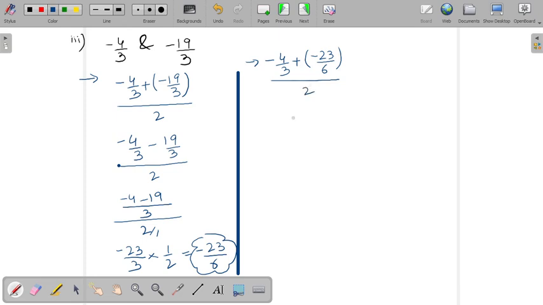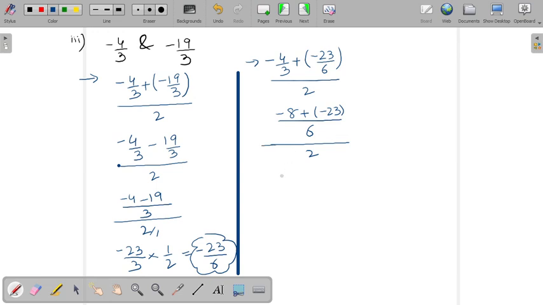But remember, while making the pair, the rational numbers should not be repeated. Okay, now divided by 2, we have taken minus 4 by 3 and minus 23 by 6 as two rational numbers. Now 6 as LCM, minus 8 plus minus 23 upon 6, and whole upon 2.